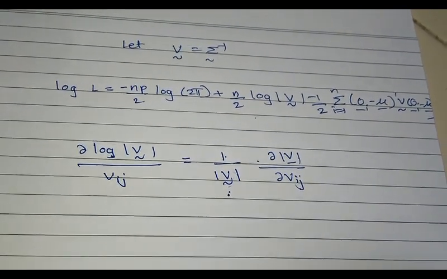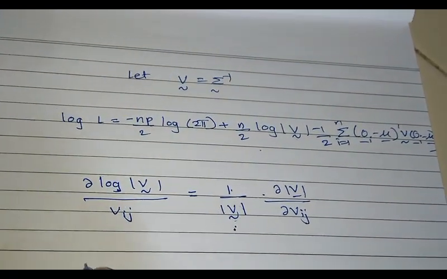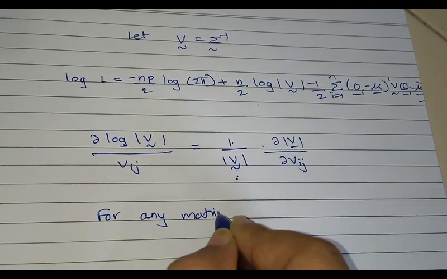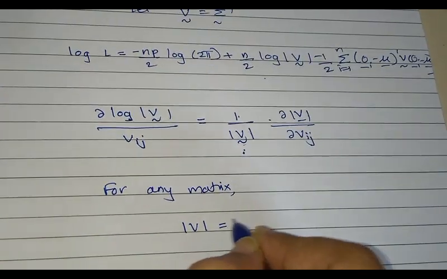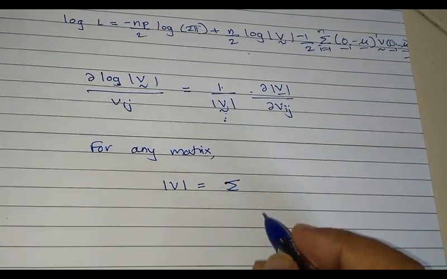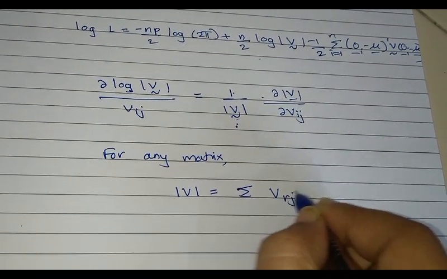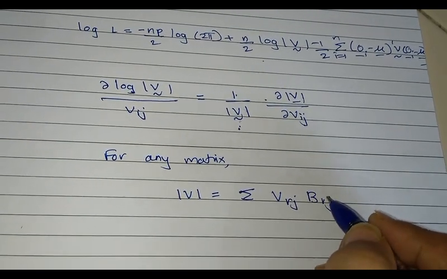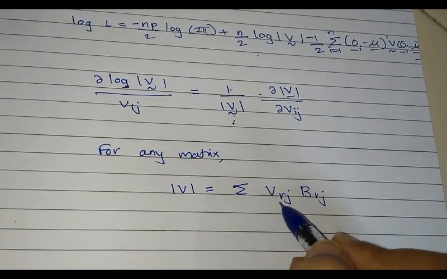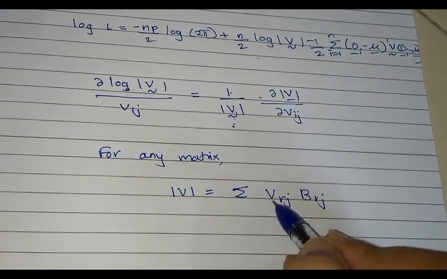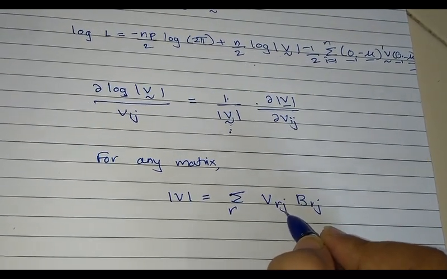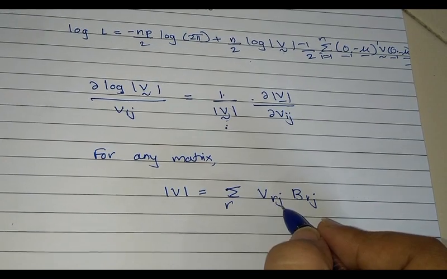So what is the derivative of the determinant with respect to V_ij? So for any matrix V, I can write the determinant of V as a sum over V_rj B_rj. So the determinant can actually be written as, we fix some row or some column, and so here I am fixing the jth column, and I'm writing the determinant with respect to the jth column.